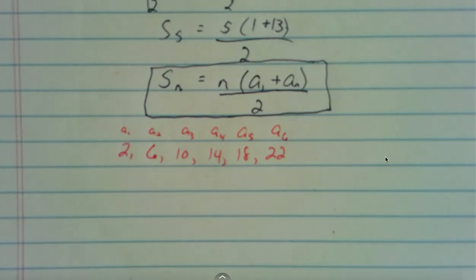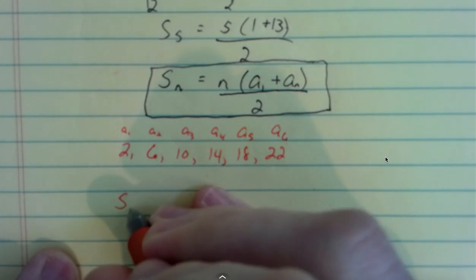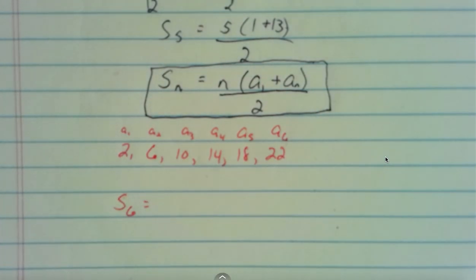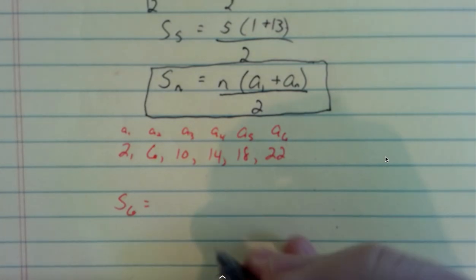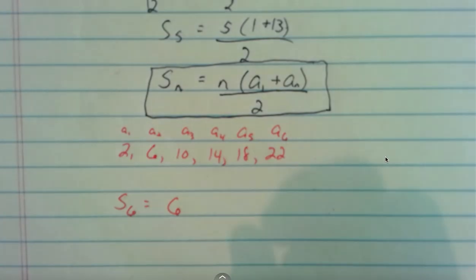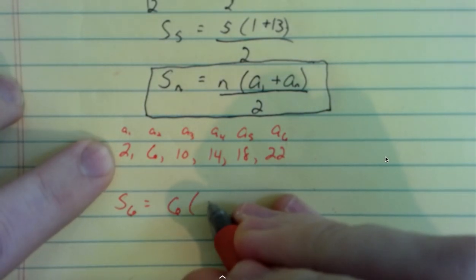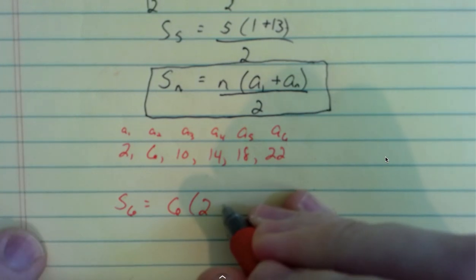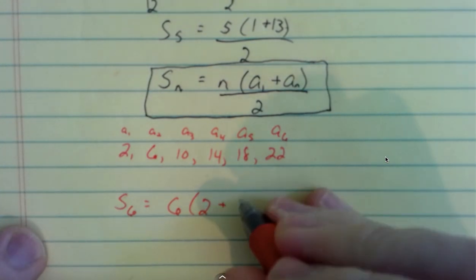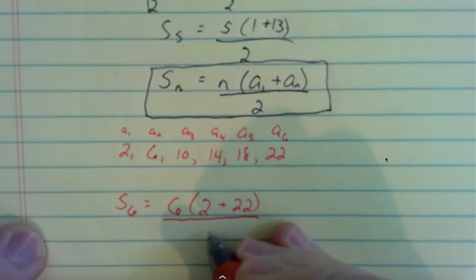So if I wanted you to figure out what is s sub 6, it's simply going to be 6, because that's n, times the first term, which is 2, plus the last term, which is 22, the whole thing cut in half.